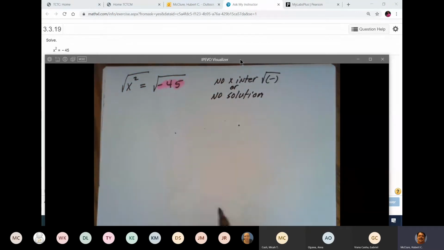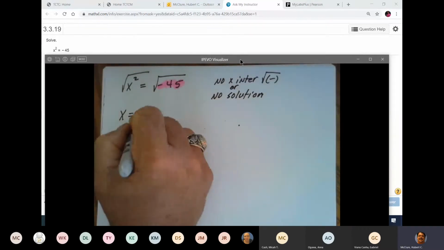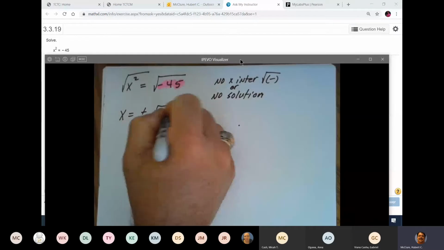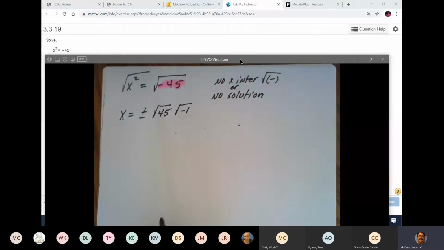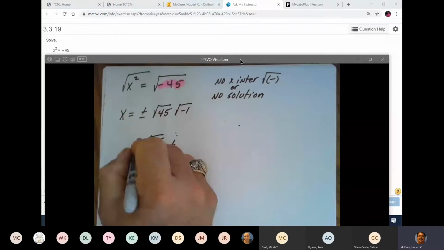Well, I've already shown you how to do that. X is equal to positive or negative square root 45 times square root of negative 1. And we know that the square root of negative 1 is I. And the square root of 45 is square root of 45, positive or negative.